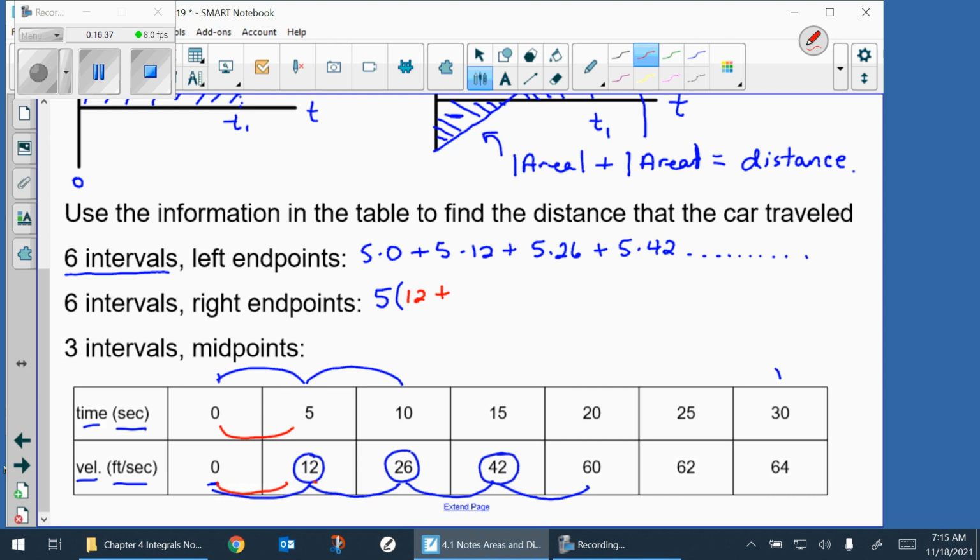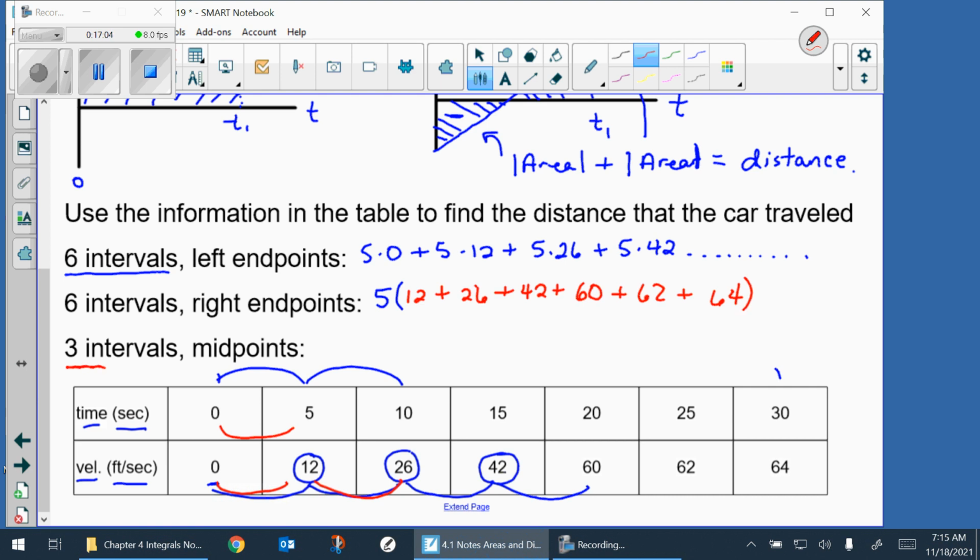All of these rectangles are 5 units wide. My next one goes from 12 to 26. 26 is on the right side. 42 is on the right side. 60 is on the right side. 62 is on the right side. And 64 is on the right side. And that's just a more efficient way of finding our area under the curve.